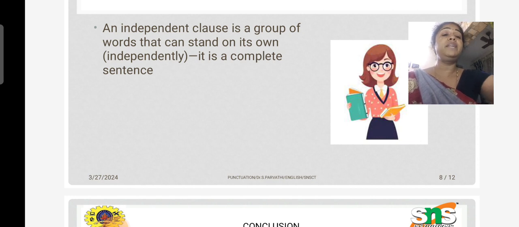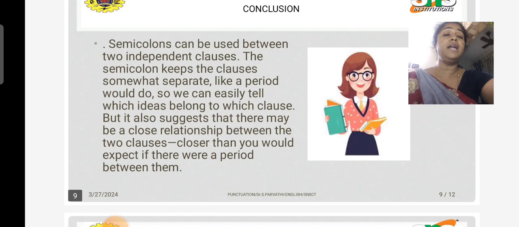It is a complete sentence, and semicolons can be used between two independent clauses. The semicolon keeps the clauses somewhat separate, like a period would do, so we can easily tell which ideas belong to which clause. But it also suggests that there may be a close relationship between the two clauses, closer than you would expect if there were a period between them.